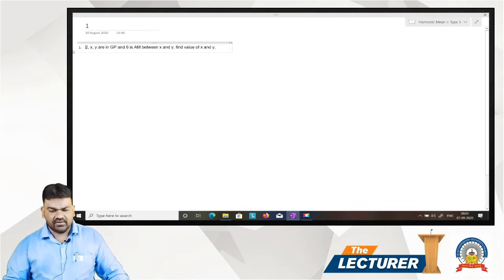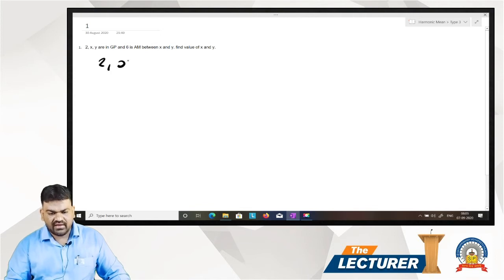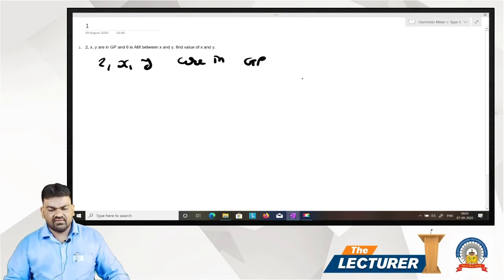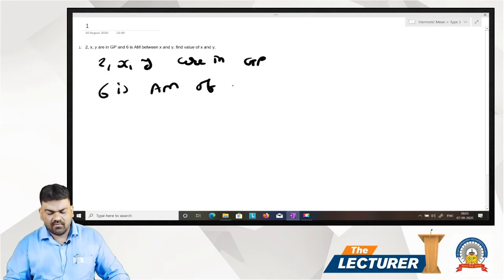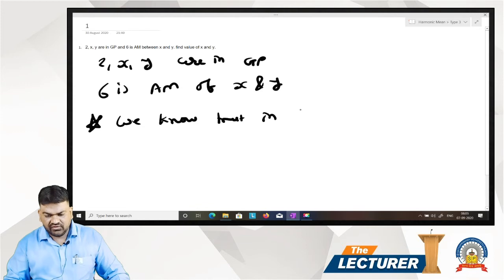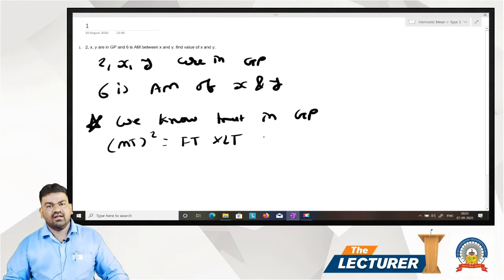Now first example: 2, x, y are in GP, and 6 is the arithmetic mean of x and y. First of all, we know that in GP, the middle term square is equal to the first term multiplied by the last term.